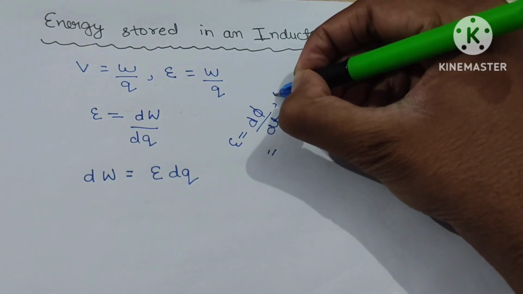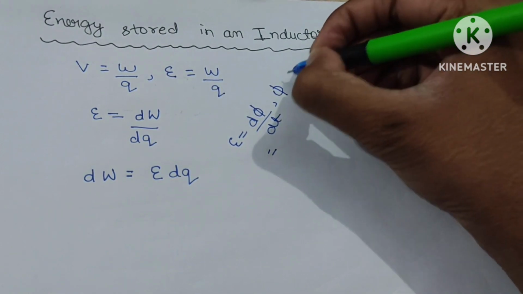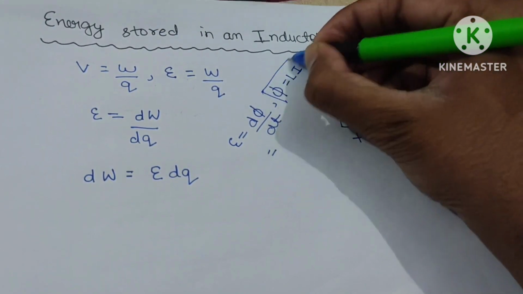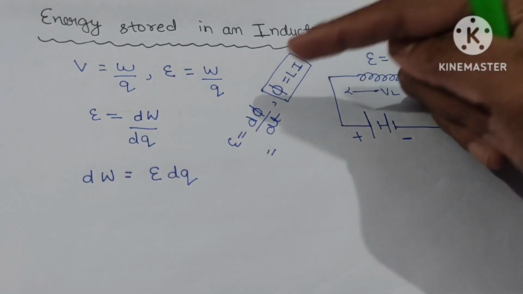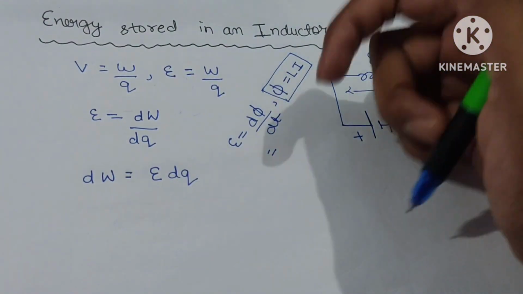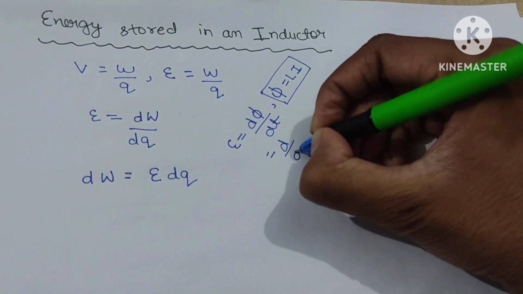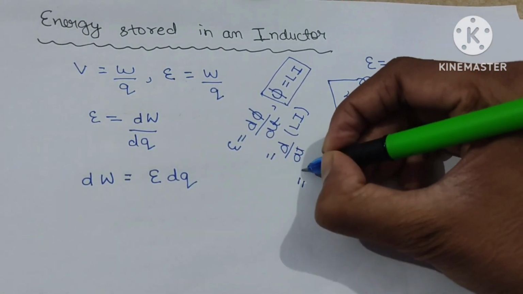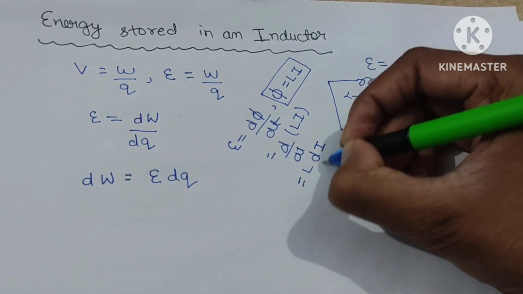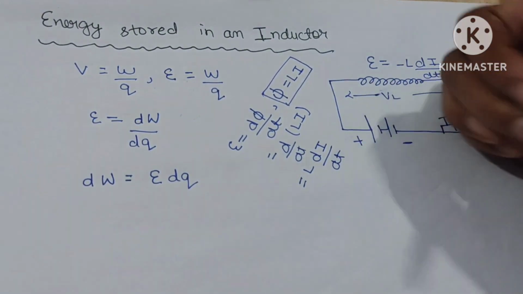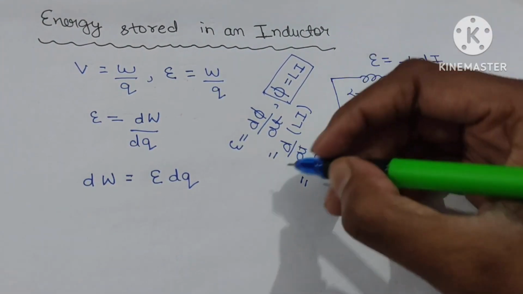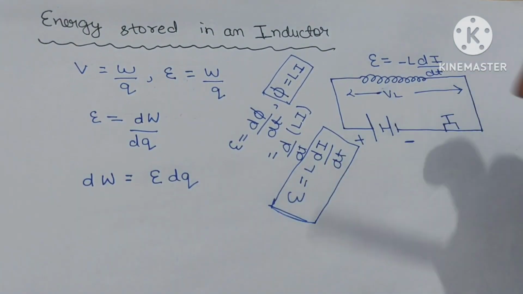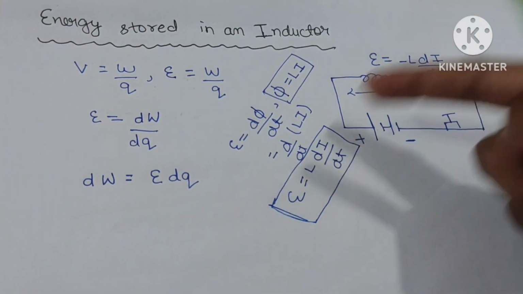It is the EMF. And if we know the inductance, phi is equal to Li. So put L in this, so we'll get d by dt of Li. L will be the constant, so L will come out, so it will become L di by dt. Okay, so this is it. So you're having this equation, put this equation here.